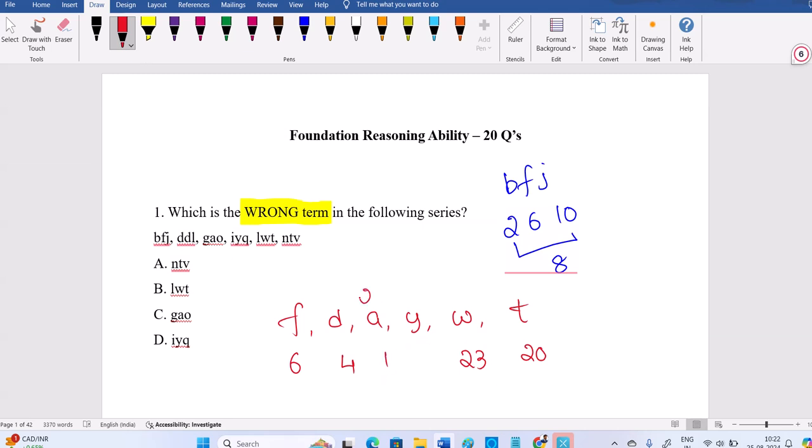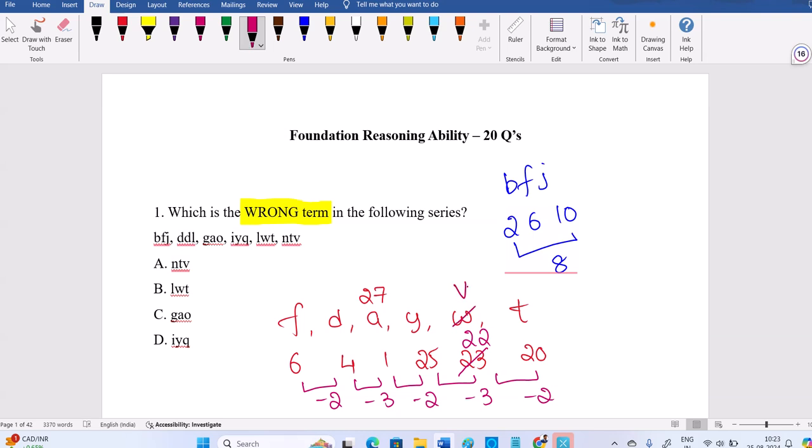This A can be written as 27, depending on the need. 25, here it's minus 2, then minus 3. 27 to 25 is minus 2, then you require minus 3, then minus 2. That's how the pattern is following. If you require minus 3 here, this should be 22, meaning this should be V.